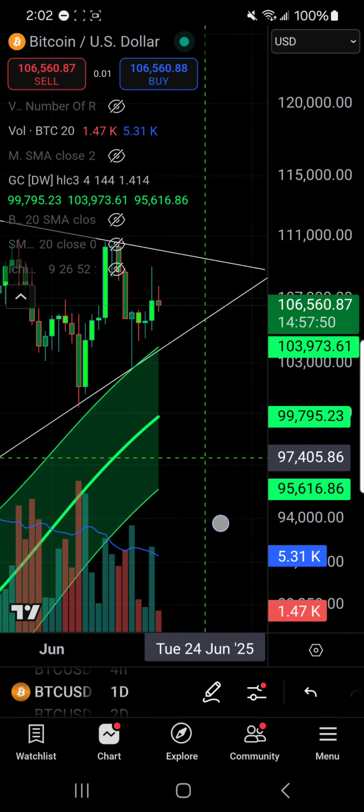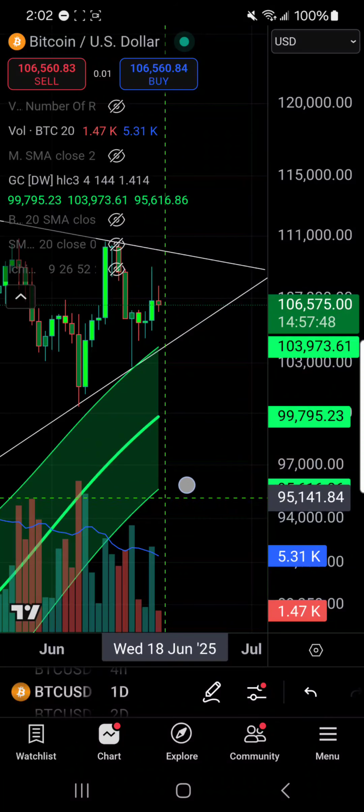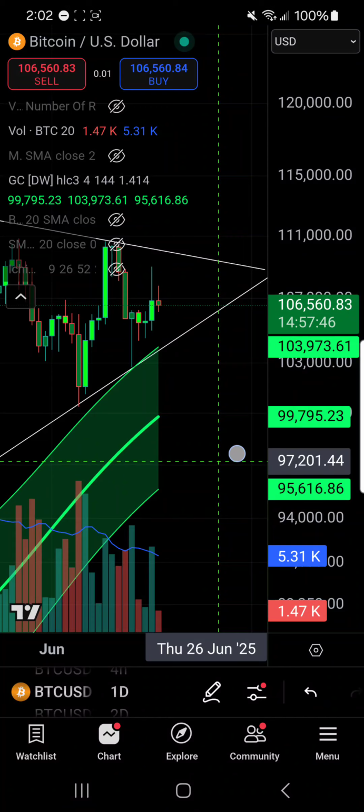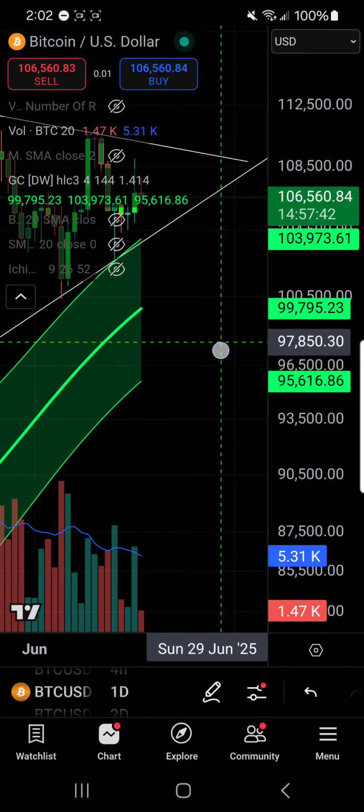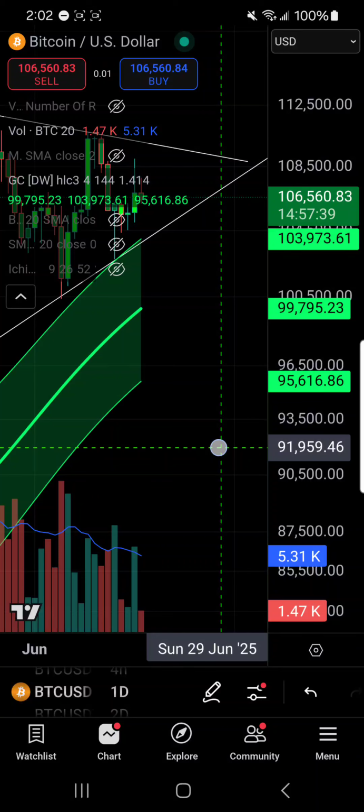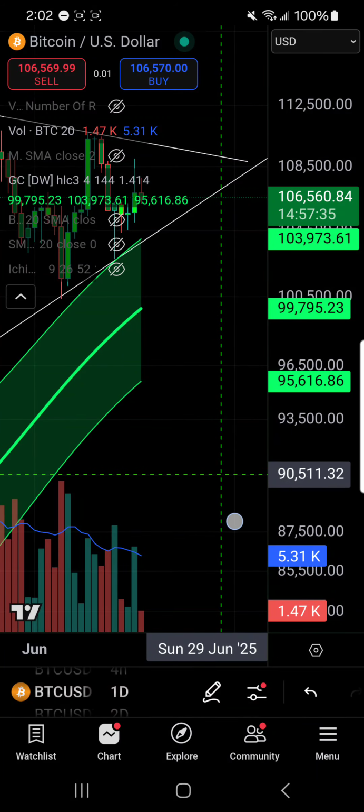But most probably we would come down to the bottom of the channel and maybe even out the bottom of it. A lot of times, we typically do come out the bottom of the channel a little bit, and that could get us down to 90.